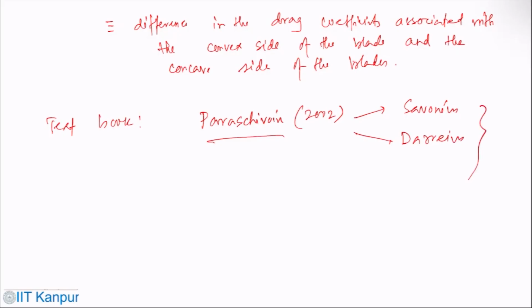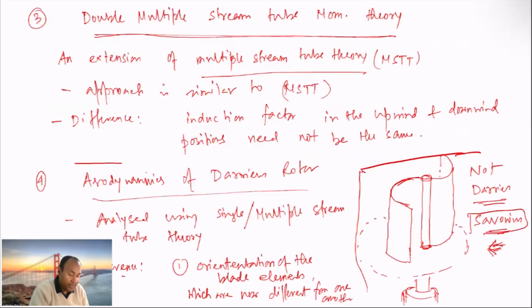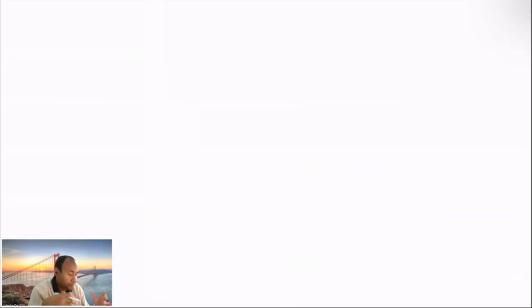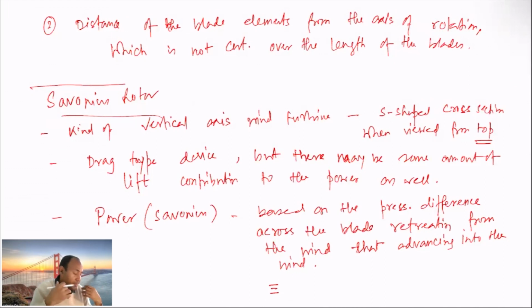So we'll not go into much more detail of this discussion. So again, this picture here that we have drawn is not Darrieus, this is for Savonius. So please make a note of that. So that was a correction.